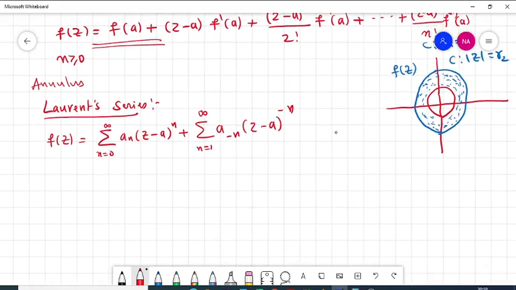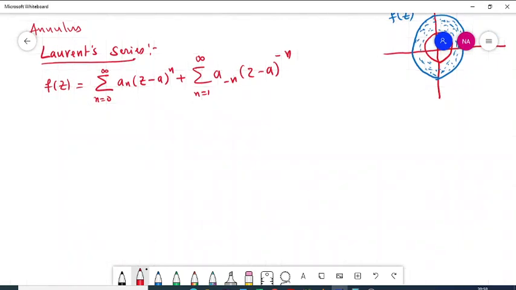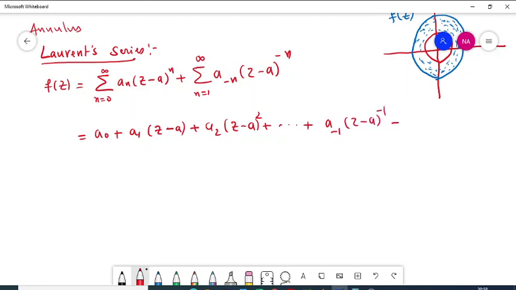How does it look if we expand this? It looks like this: a naught plus a1 z minus a plus a2 z minus a whole square, and so on, up to infinity. Then a minus 1 z minus a whole power minus 1 plus a minus 2 z minus a whole power minus 2 and so on.